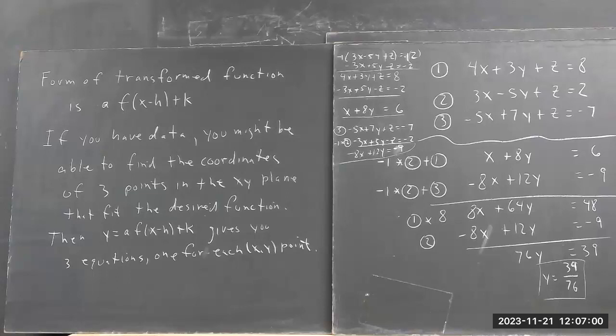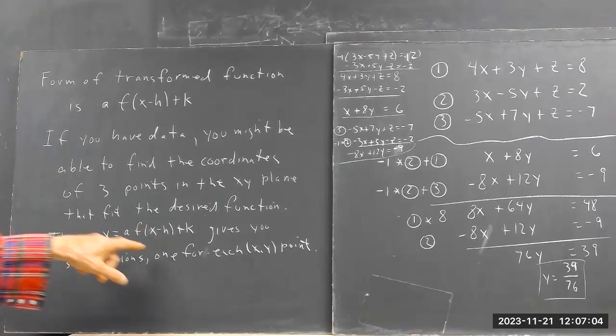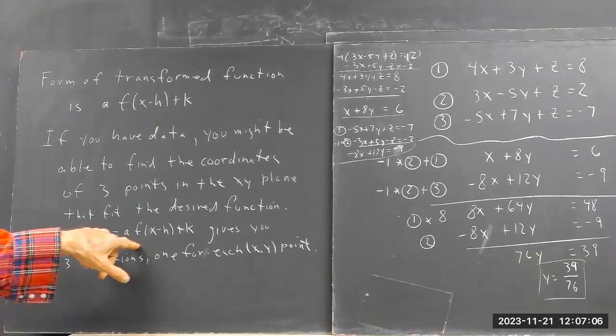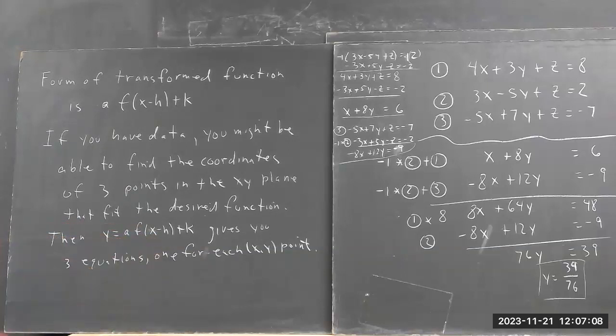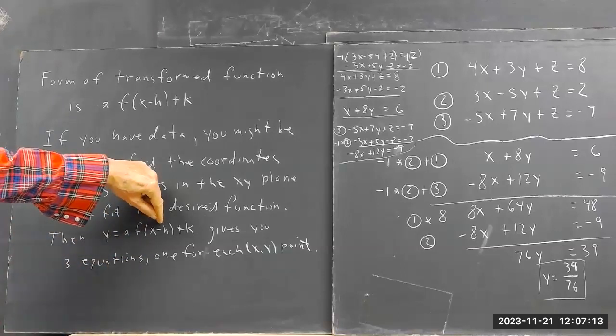Okay. That is, if you plug the values of x and y into the function, if you know what function it is you're trying to use, then you only have 3 unknowns, A, H, and K.